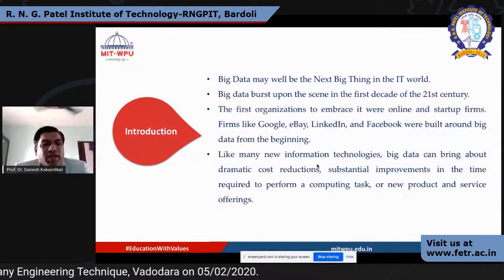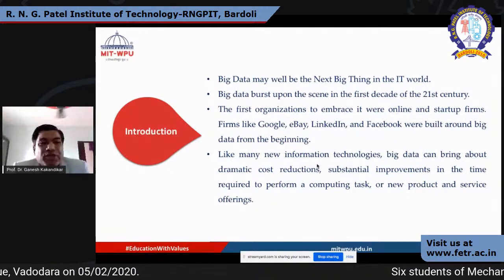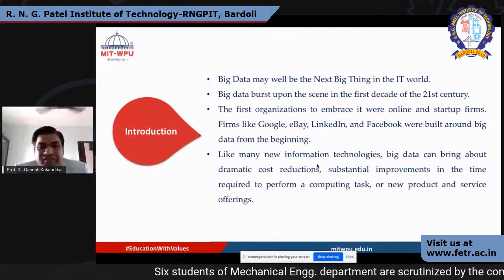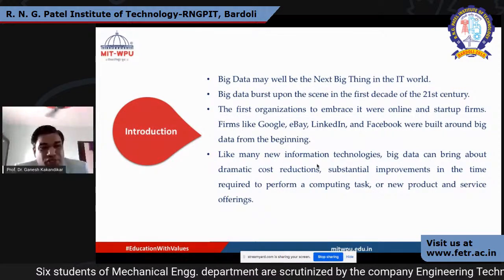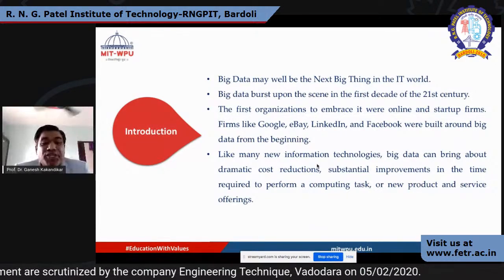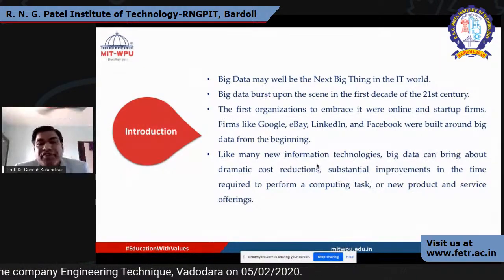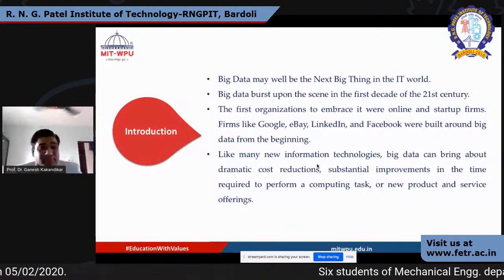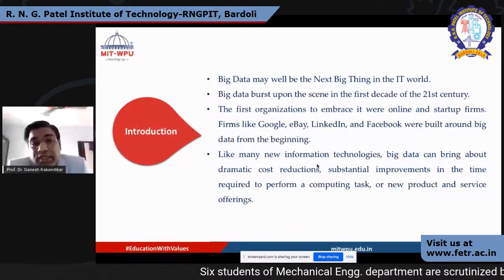Now let us take the example of Facebook. How many users does Facebook have throughout the world? Everyone is updating something, writing, sharing, downloading, watching something. So Facebook is handling an enormous amount of data of all its users. Similarly, Amazon and other websites.